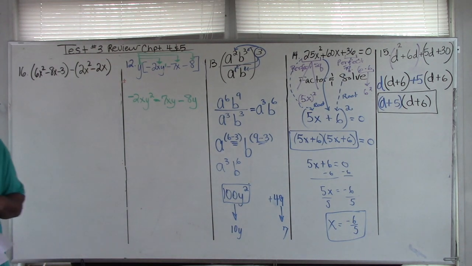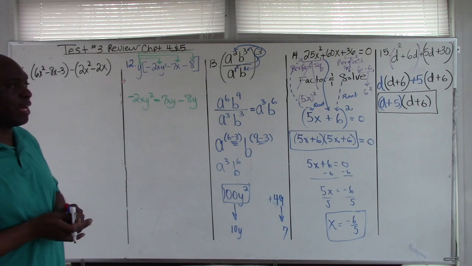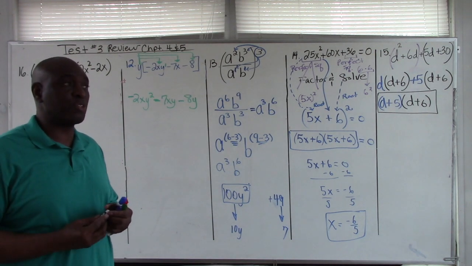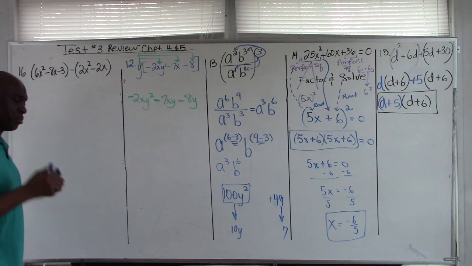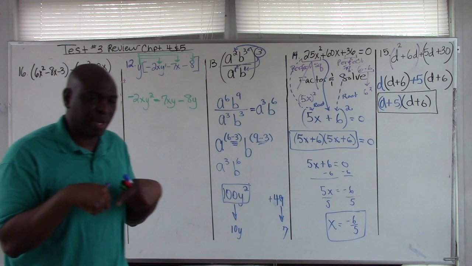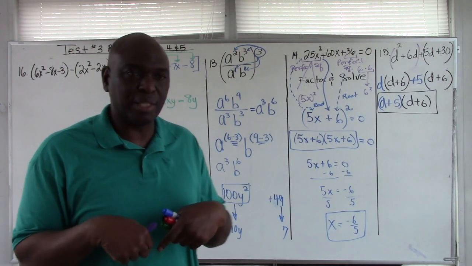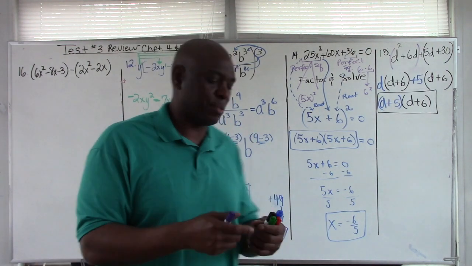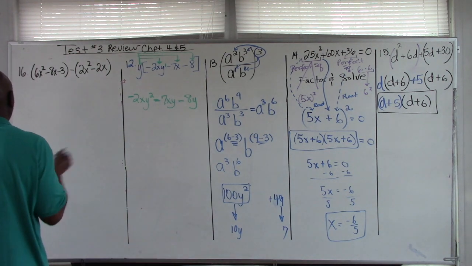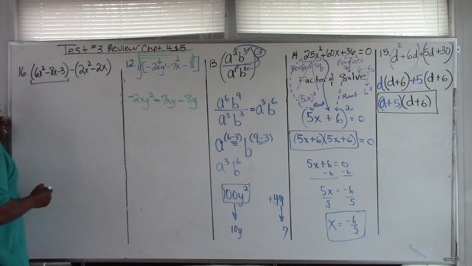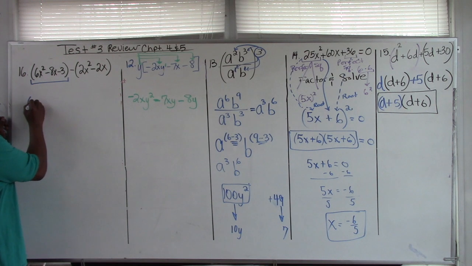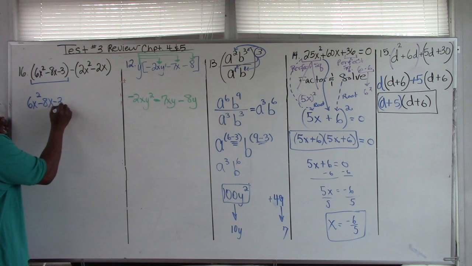Okay, with this problem, many ways to approach it, many ways to solve it. I think the most convenient way for me is first you always write your first polynomial first. The initial thing you want to do is just rewrite the initial polynomial without parentheses. Let's do that. So let's write this polynomial without the parentheses. 6x squared minus 8x minus 3.